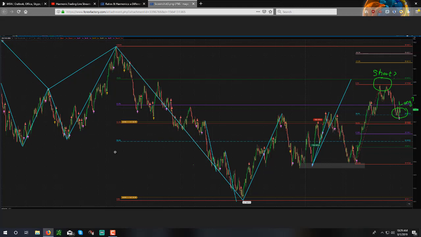But remember, in one of your questions, you said price corrected to the 78.6. Will that indicate weakness? Well, here you have a bat. The bat usually completes at the 161 of this swing, or at the 88% of the XA leg.